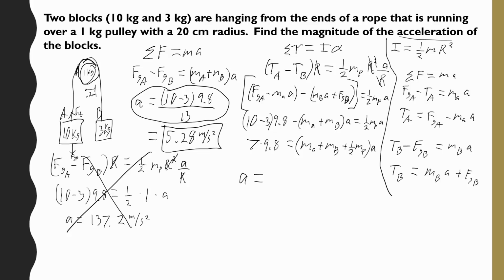The mass of the pulley is 1, so we're going to have 7 times 9.8 divided by 13.5, which is pretty close to what we had here, right? But dividing by a slightly larger number, which is going to make our acceleration slightly less, which is what we're expecting. 5.08 meters per second squared. There, we did it. Welcome to rotational mechanics. See you next time.